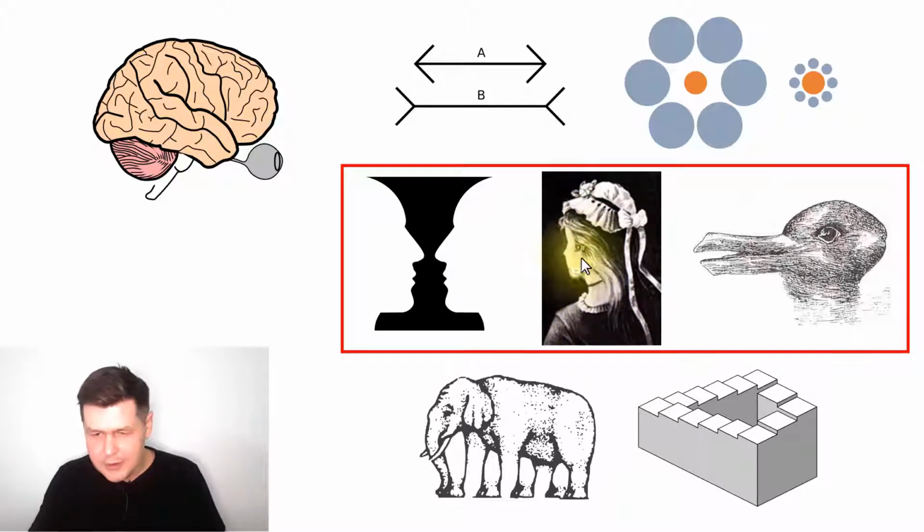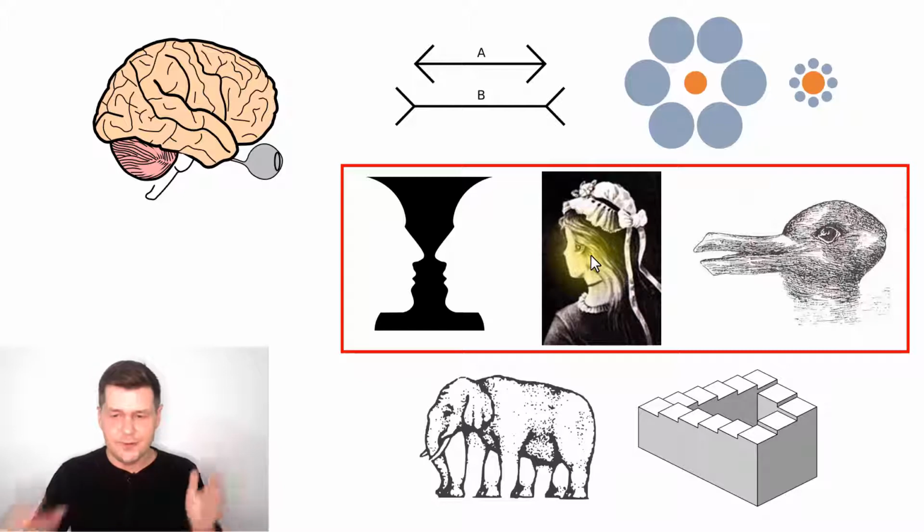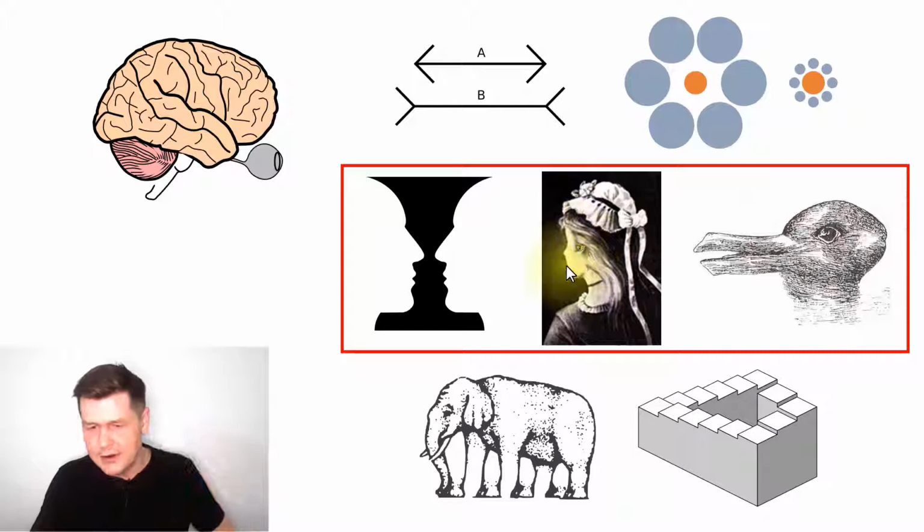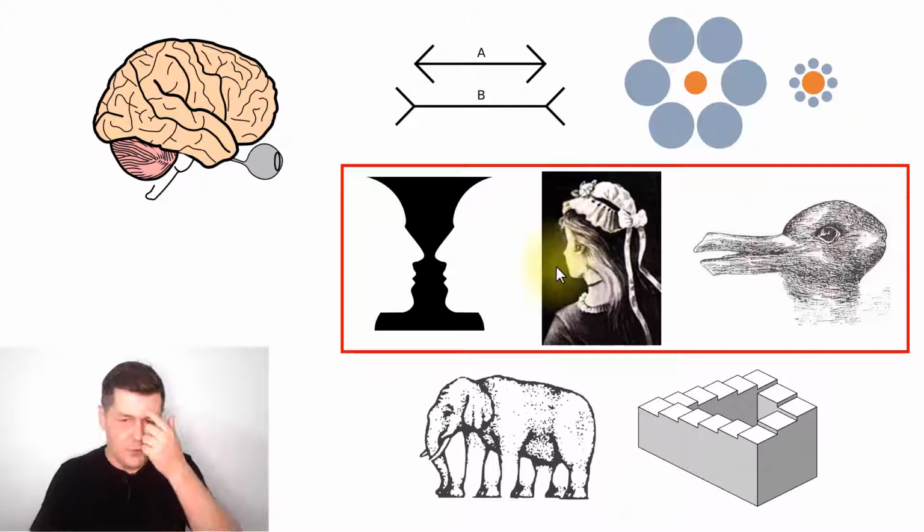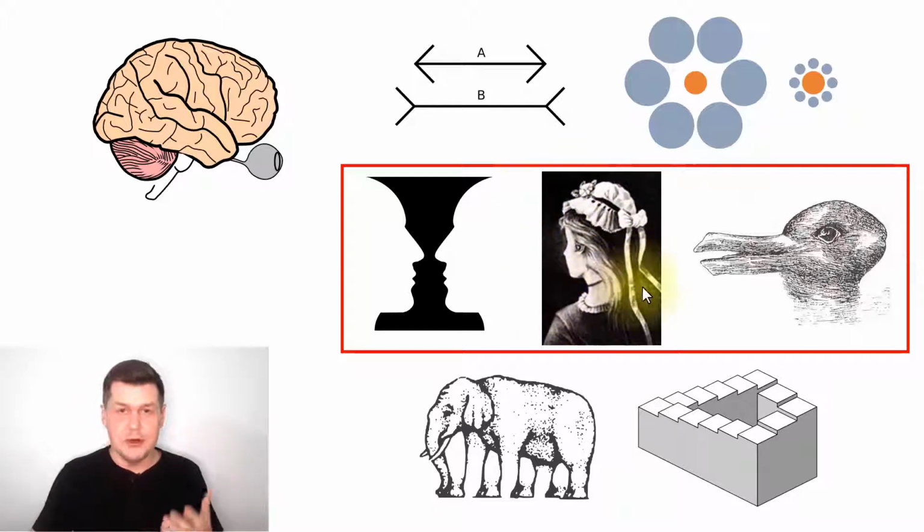But then if we look at it differently, if we turn it a bit, we can see this would be the young woman's nose, this would be the young woman's chin, and this would be the young woman's ear, and this would be her forehead. So this picture could look like a young woman, or it could look like an old woman.